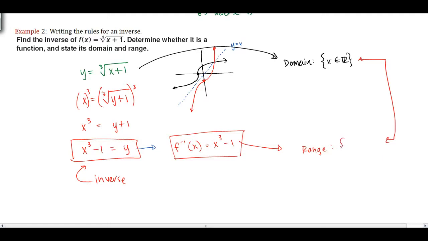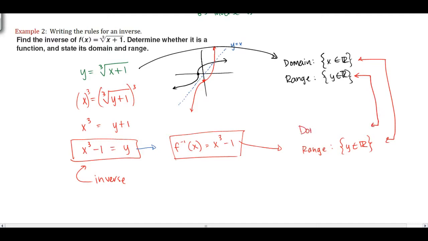So we would say, well, we have to change the variable. All the y's are all real numbers. Now you could do the same thing for the range of the original. The range of the original graph would be all the y's such that the y's are real numbers. And guess what? In the inverse, that flips to become the new domain.